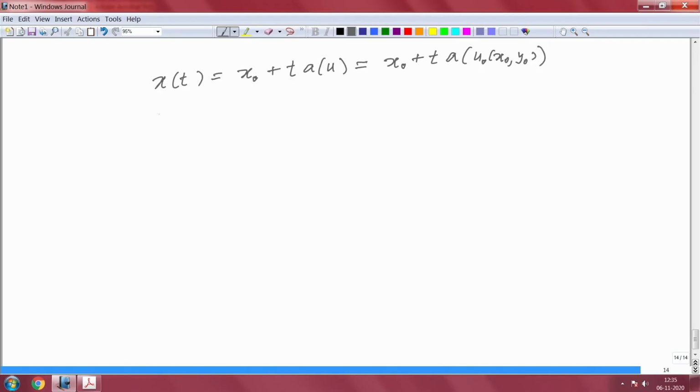And similarly, y of t is equal to y 0 plus t b of u 0 at x 0 y 0.